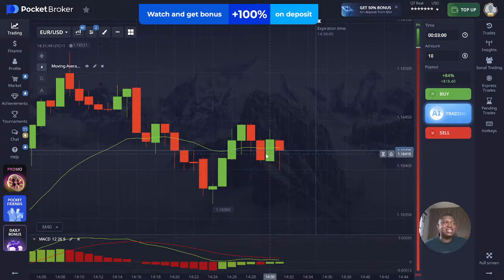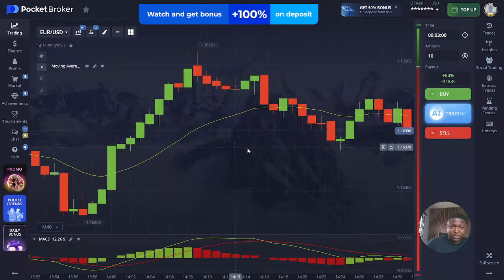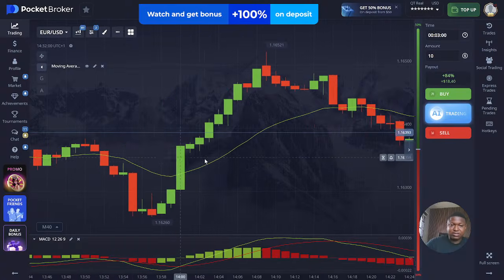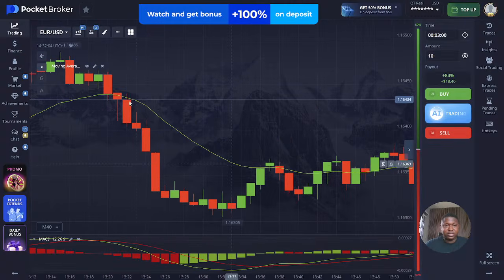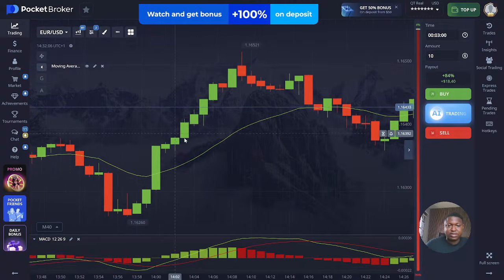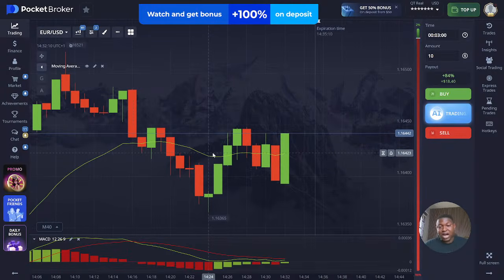It will give you slightly less accurate signals, but more frequent signals. It's basically almost the same thing. So you can still reduce it to 20, or you can keep it at 50 for more accurate signals.